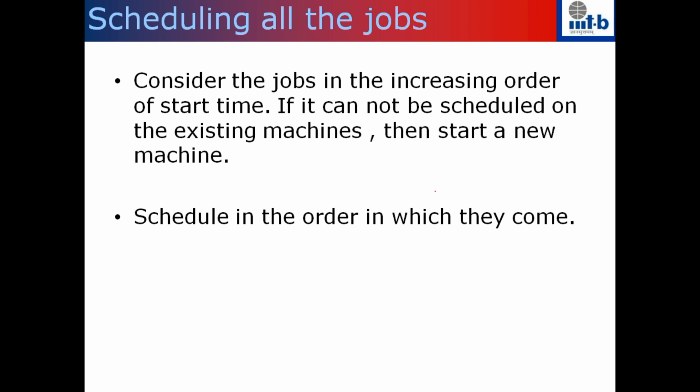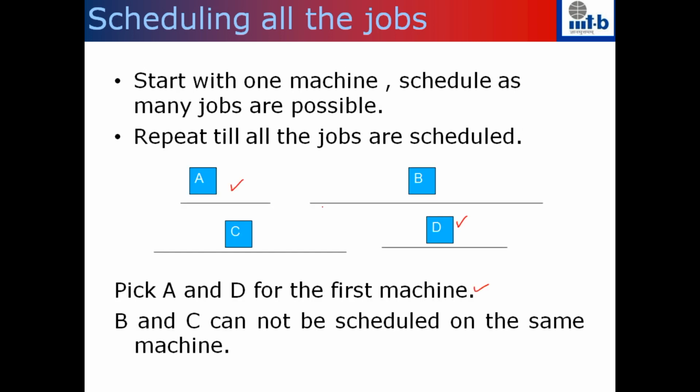So this is basically the same as scheduling the jobs in the order in which they come. The first job that I'm going to consider is C, because this is the one which comes first. I'll put it in the first machine. The next job that comes is job A. This cannot be scheduled along with C on the first machine, so I'll request a second machine now.